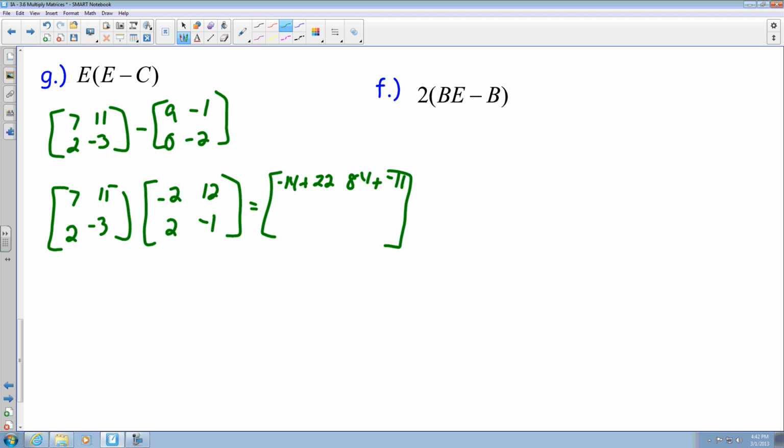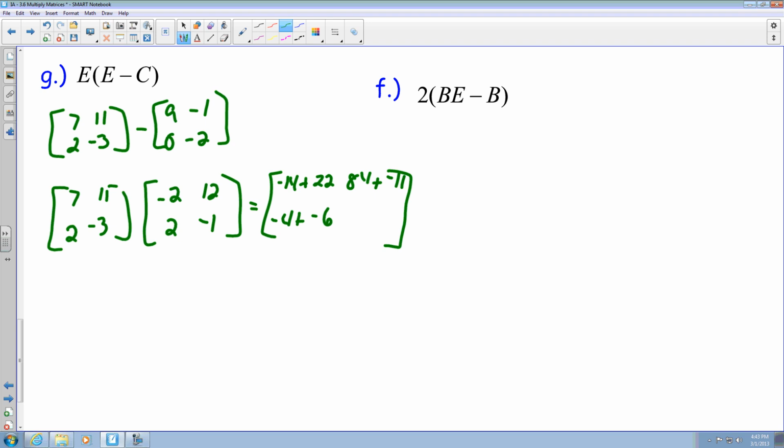Next one is going to be row 2, column 1, so I have row 2 of matrix E, column 1 of E minus C, which gives me negative 4 plus negative 6.